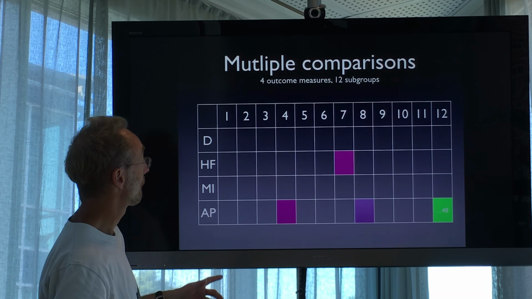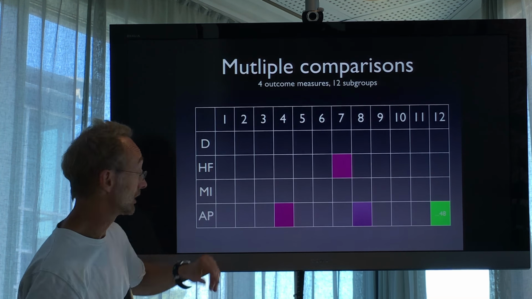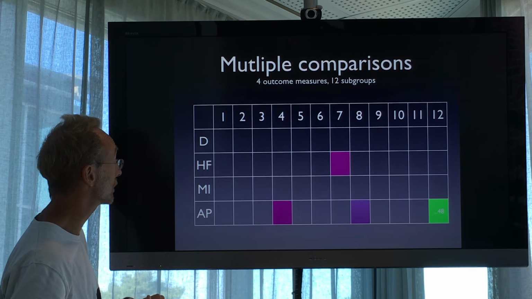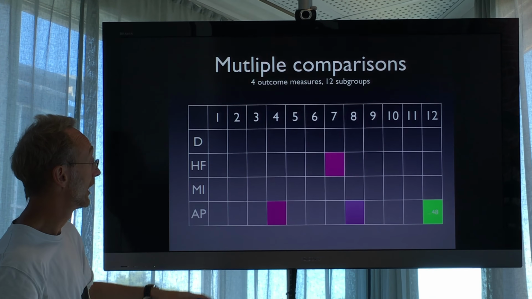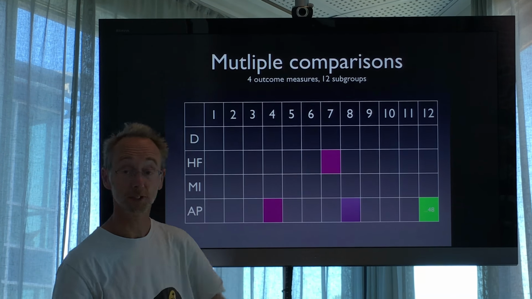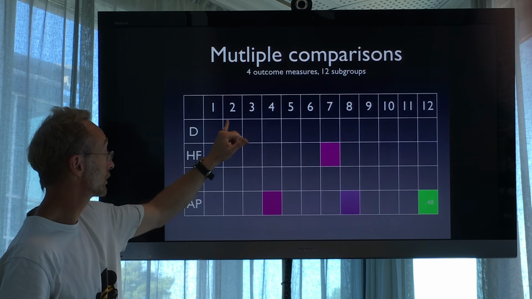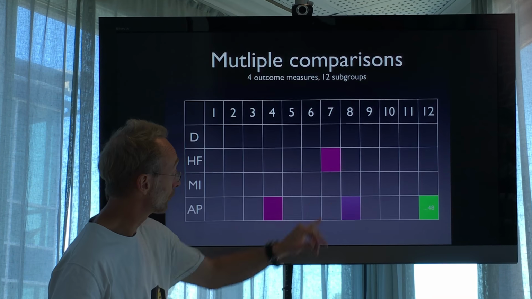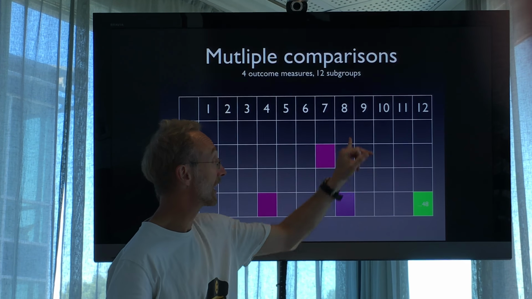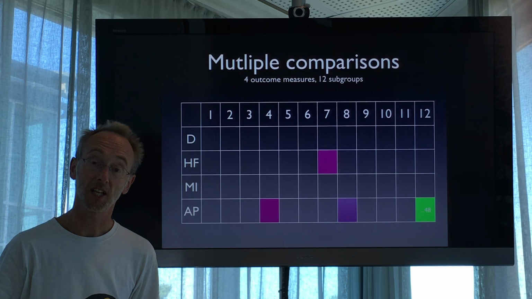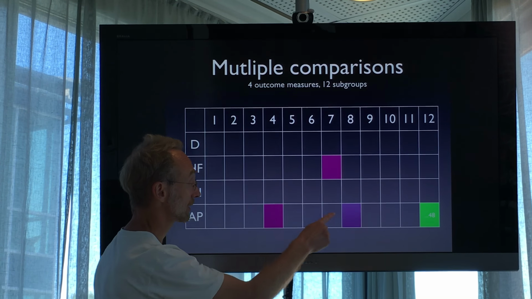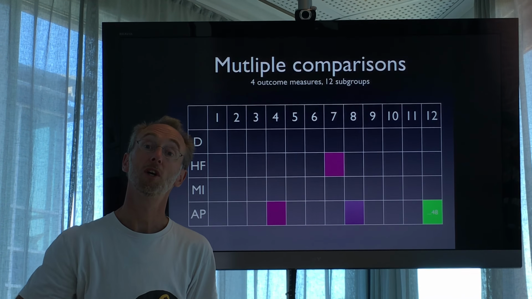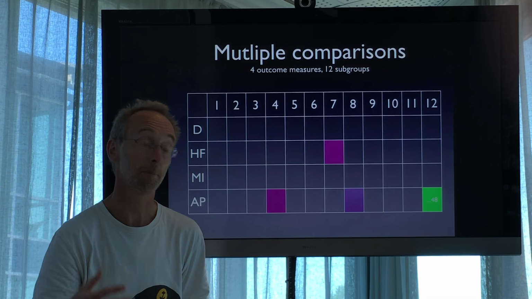In this example, we use 4 different outcomes in the study. We look at the risk of death, the risk of heart failure, the risk of myocardial infarction, the risk of angina pectoris. And we look at 12 different subgroups. We have this one overall, this one males, this one females, this one younger, this one middle-aged, this one older, this one without diabetes, this one with diabetes, etc. And suddenly, a number of comparisons will become statistically significant just because we perform so many comparisons.